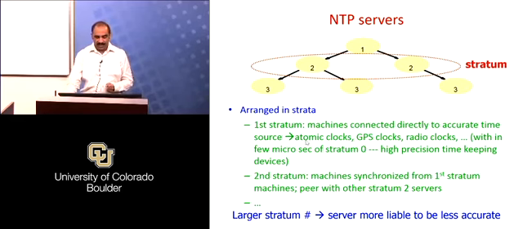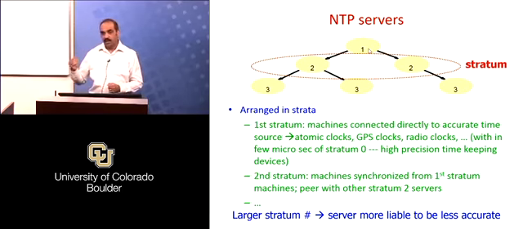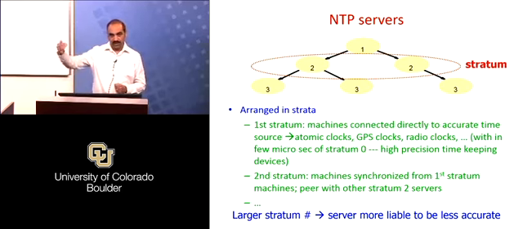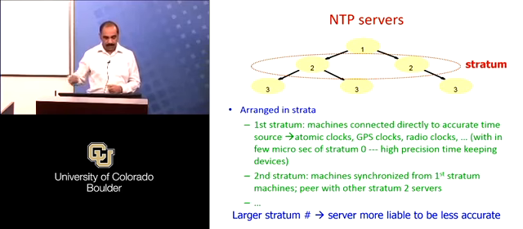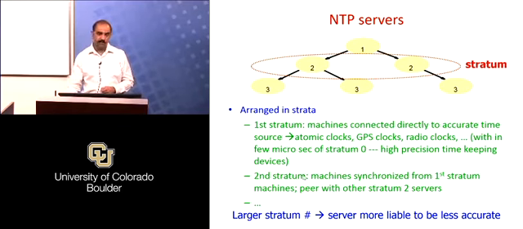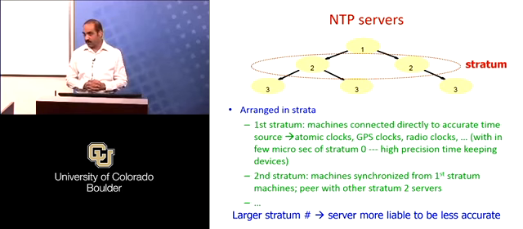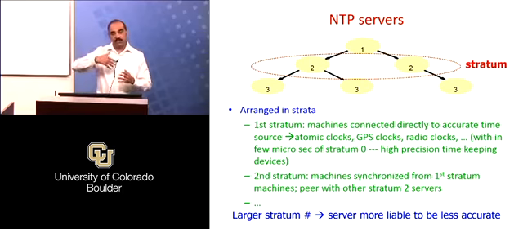The idea is that with this arrangement, the stratum 1 servers have their clocks synchronized within a few microseconds of the actual time. Okay. And then after that, the next thing is the stratum 2 servers. Basically, these are the servers that are connected to the stratum 1 servers, and they of course interact with the stratum 1 servers to receive time.